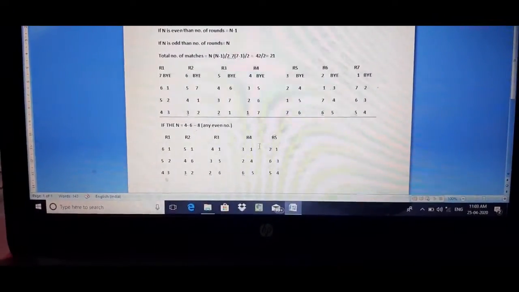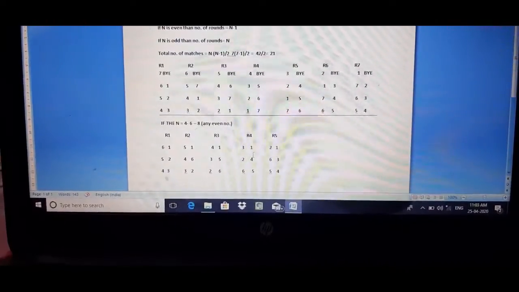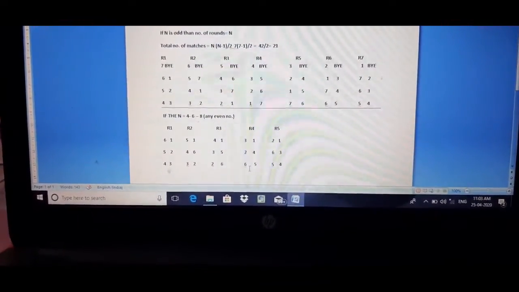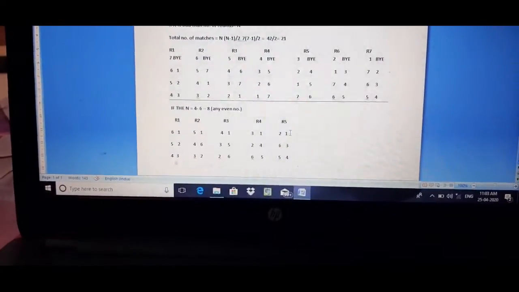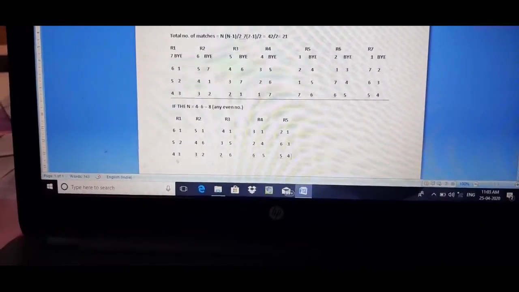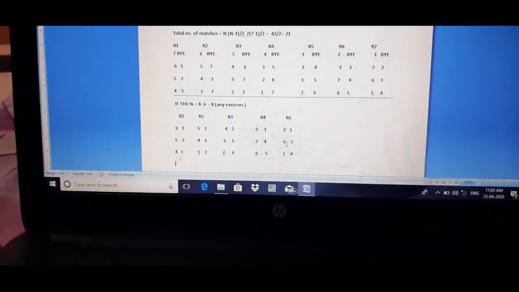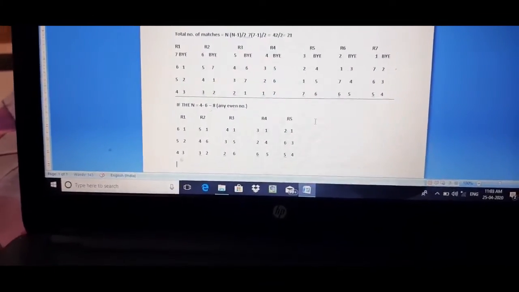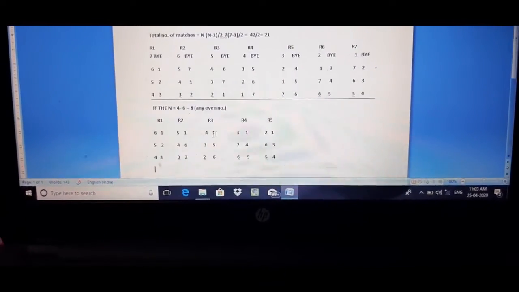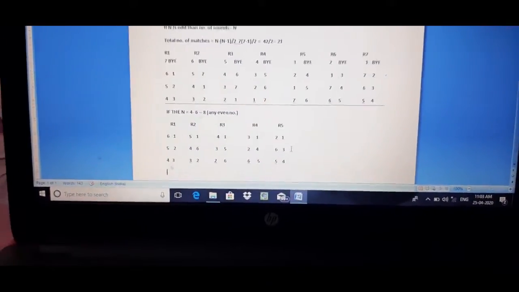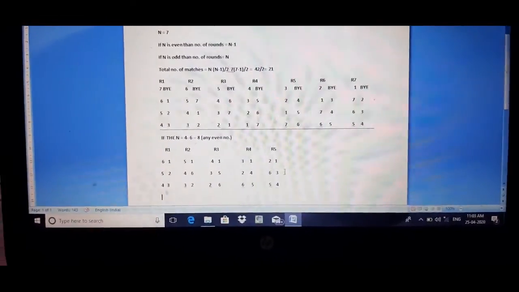In round 4, 1 is constant, and 4, 5, 6, 2 and 3 are moving. In round 5, 1, 3, 4, 5, 6 and 2. Over here you have to make sure we start with the highest number at the top in round 1 and we reach the lowest number. That is all.